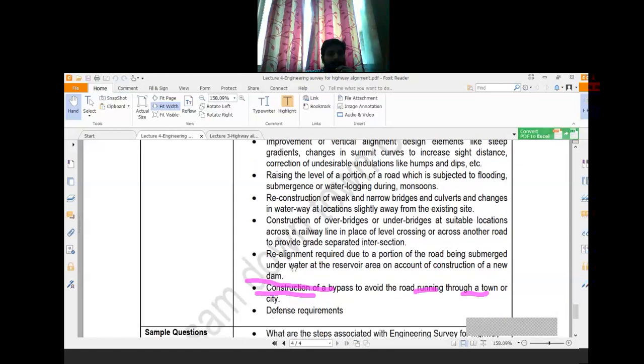And realignment is required due to a portion of the road being submerged underwater at the reservoir area. Suppose one reservoir area is newly constructed. After the construction of the reservoir, whatever existing roads are there got submerged. So, in that case also, you need a realignment.